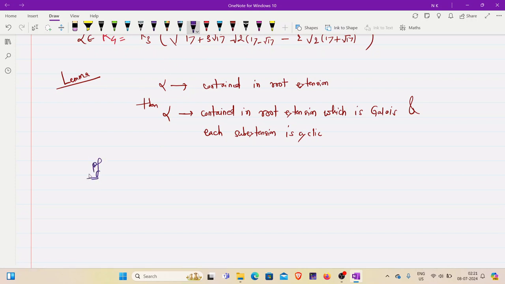To prove this, firstly we will understand the meaning of Galois closure.